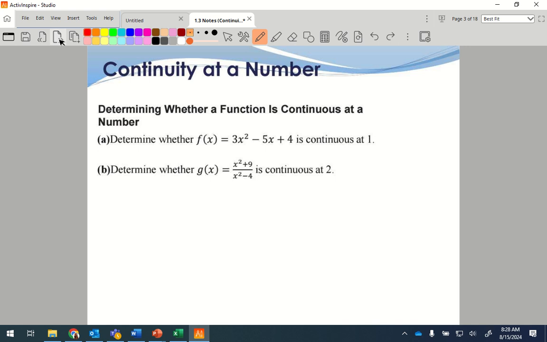Determine whether a function is continuous at a number. Do we have to do the whole thing? Say no. Can I look at it and use my mental math to think about it? As with this one right here, I want to look for restrictions on the domain. There are two things I've already mentioned in this class that we cannot have.